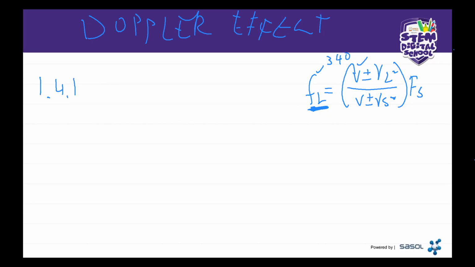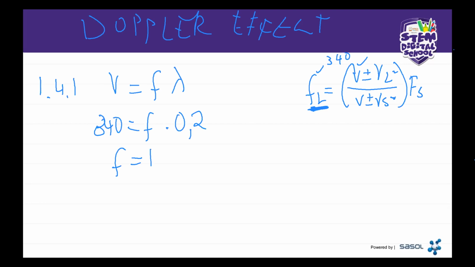For this formula, velocity is equal to frequency times wavelength. Our velocity there is 340, our frequency is what we're looking for, and our wavelength is 0.2 meters. So our frequency in this case is going to be 1,700 hertz, and that's the frequency of the listener.